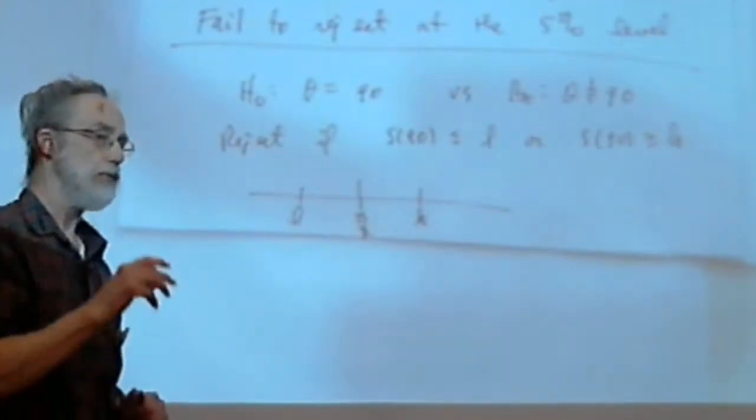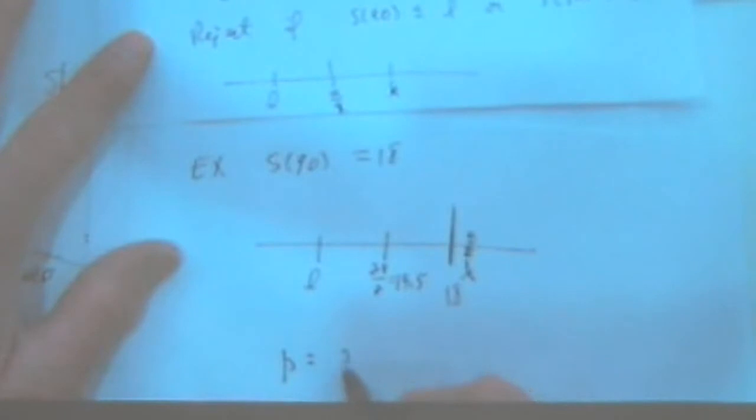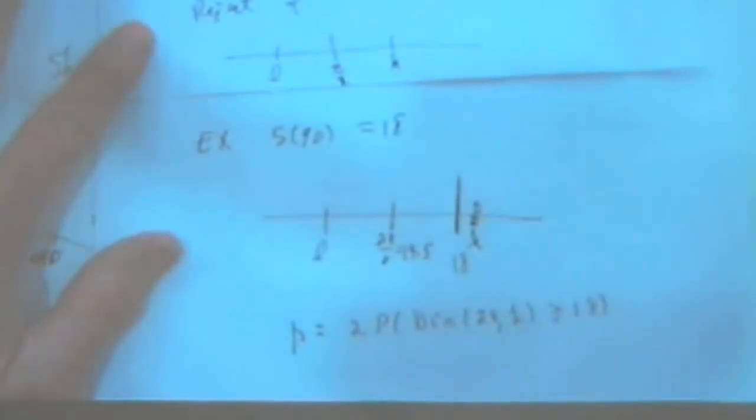And what's the p-value? If you're on the upside, like we are in this problem, the sample S of 90 was 18, and n over 2 was 15. So you're on the upside, and the p-value is twice the probability that a binomial with n = 29 and p = 1/2 is greater than or equal to 15.